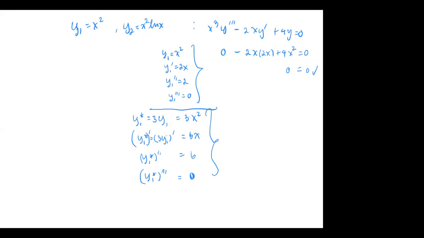And let's check whether it's true or not by the corollary. So x cubed times y triple prime, that's 0, minus 2 times x times y prime, which is 6x, and then plus 4 times y1 star, which is 3x squared. Yes, it's still 0.